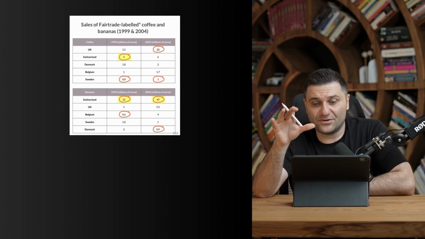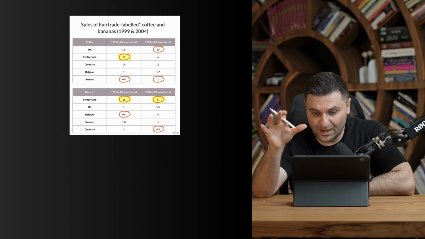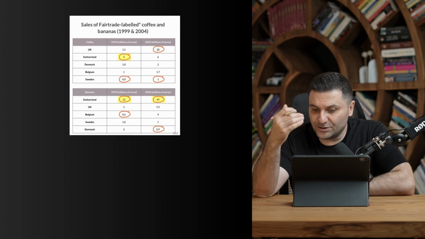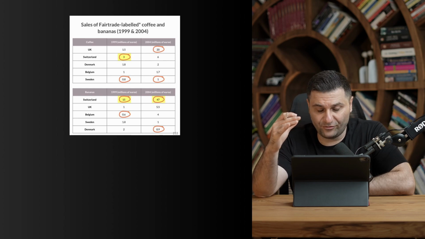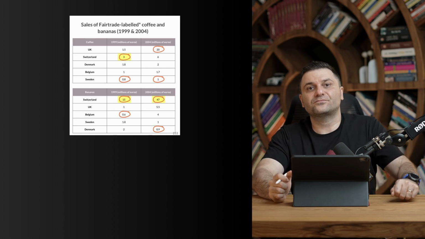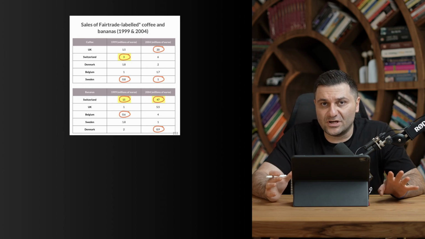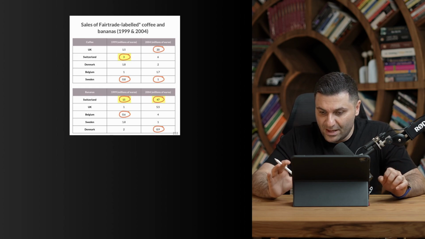Switzerland was the highest with 3 million euros, and Sweden was the least. And in 2004, UK was the leading country, and again Sweden was the lowest, and it was 1 million euros.